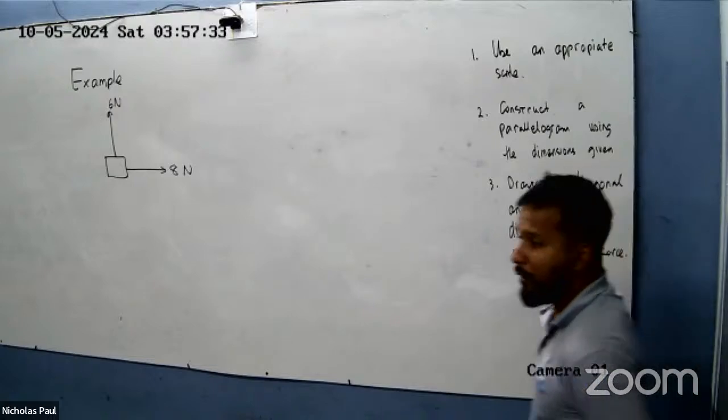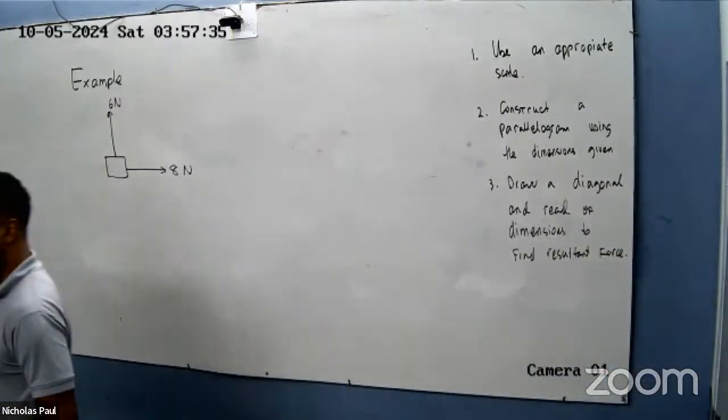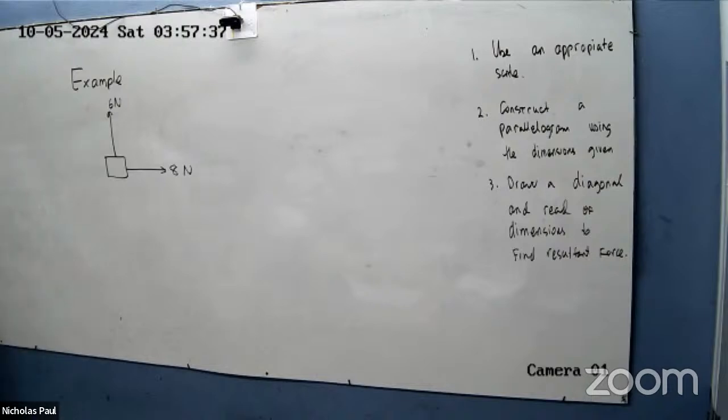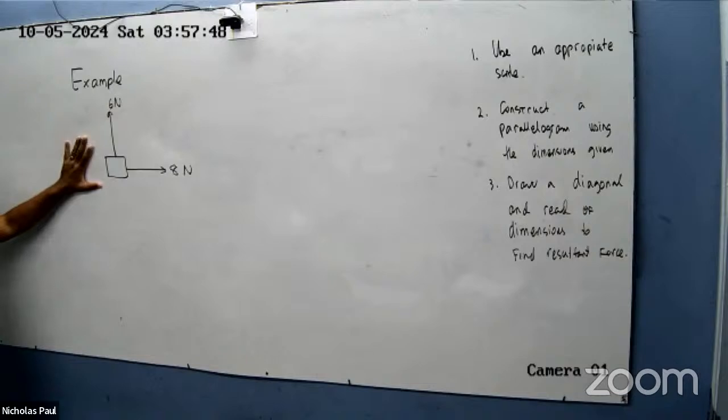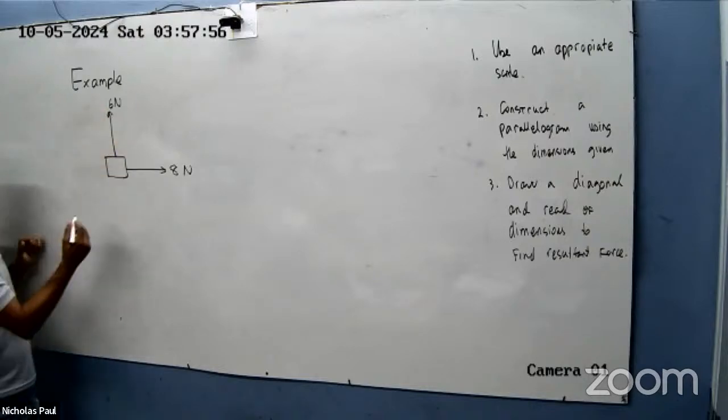Ready? So we're going to use a scale. The scale I pick is basically going to be based on what you put in your notebook. So for this one, 6 and 8, we could use a simple scale.